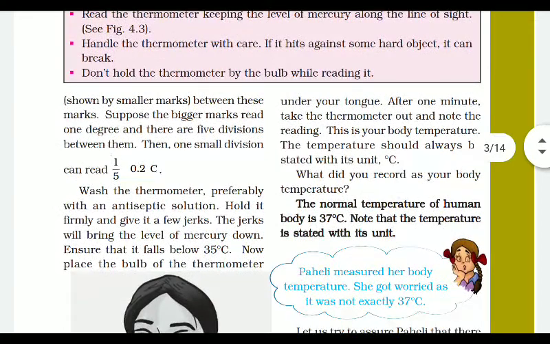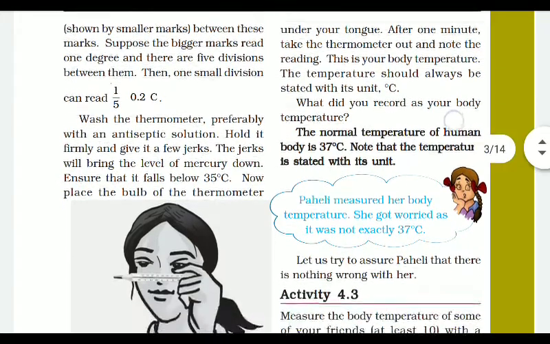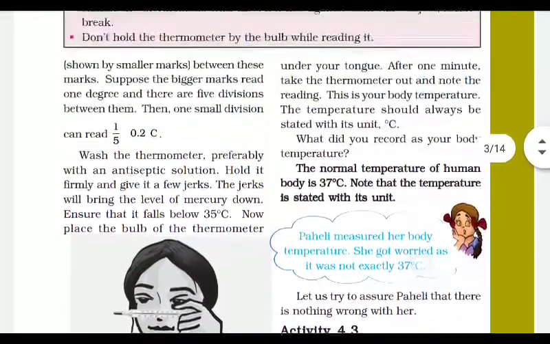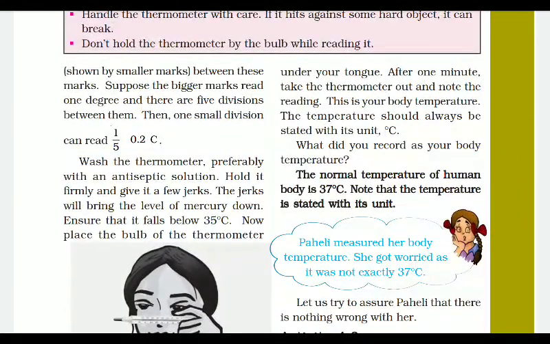Wash the thermometer properly, preferably with an antiseptic solution, hold it firmly and give it a few jerks. The jerks will bring the level of mercury down. Ensure that it falls below 35 degrees Celsius. Now place the bulb of the thermometer right under your tongue. After 1 minute, take the thermometer out of the mouth and note the reading.